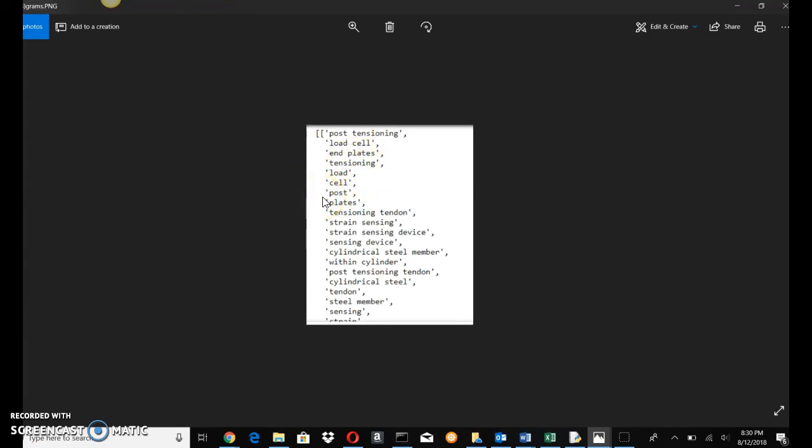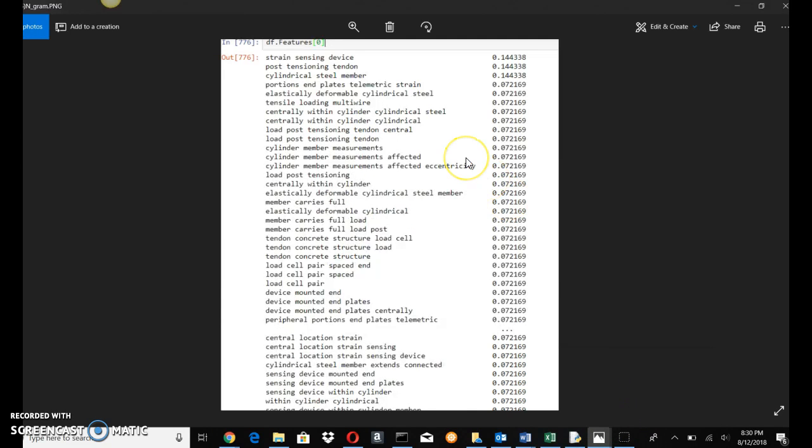So what we thought is that this doesn't give any influence on the patent, and that 3 to 5 grams are better than 1 to 3.